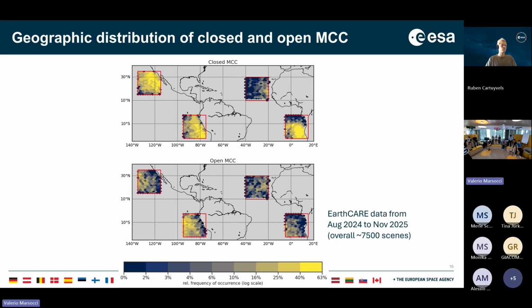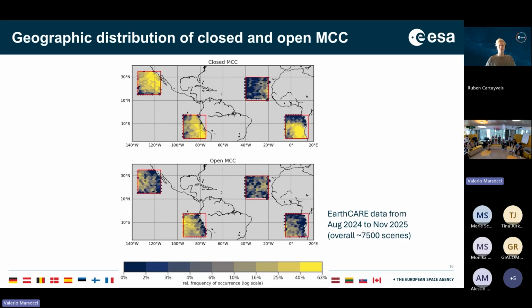So then we applied the neural network on EarthCARE data of about 15 months in 4 typical Stratocumulus regions that are here shown in color. And what's shown here is the frequency of occurrence of closed cells in the upper one and open cells in the lower plot.